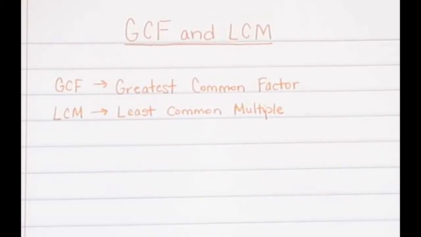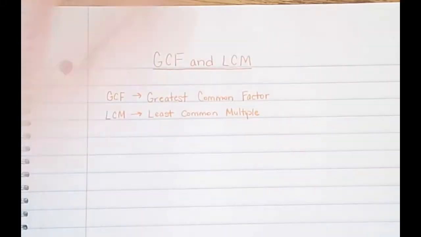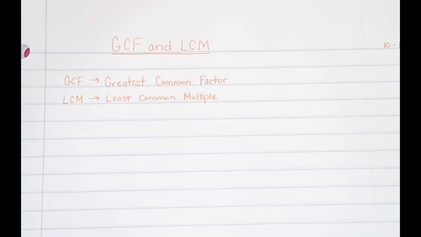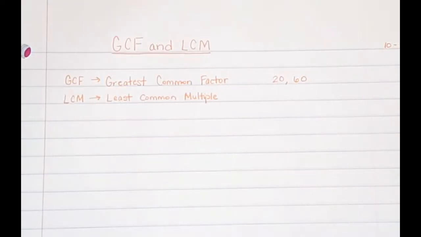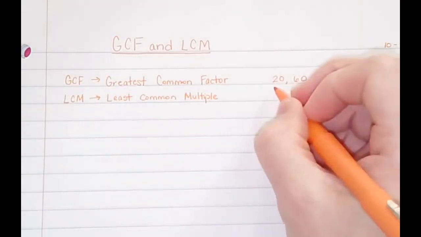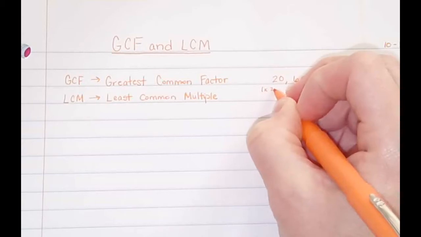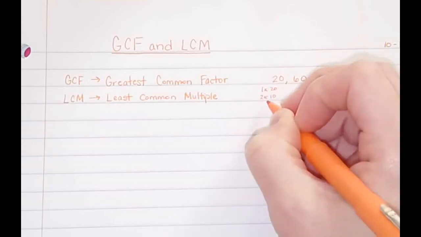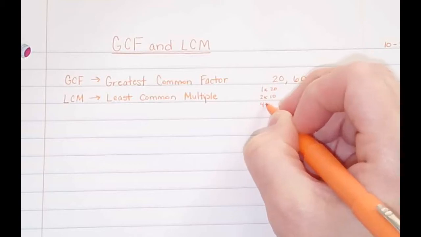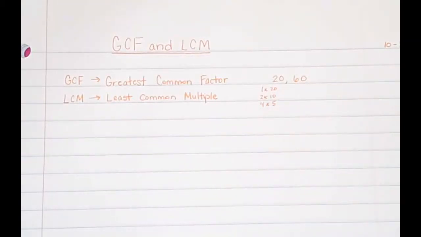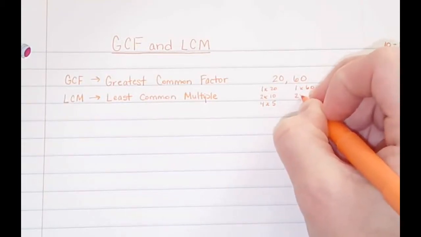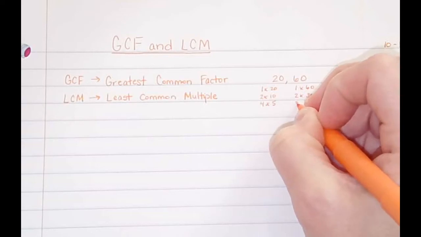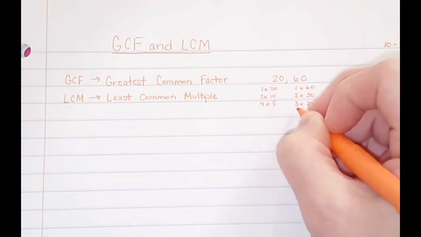For example, I'll show you a quick way that we don't do it, just to show you what I'm talking about. If we're looking at 20 and 60, think about the numbers that give you 20: 1 times 20, 2 times 10, 4 times 5. Now think about what gives you 60: 1 times 60, 2 times 30, 3 times 20, 5 times 12.